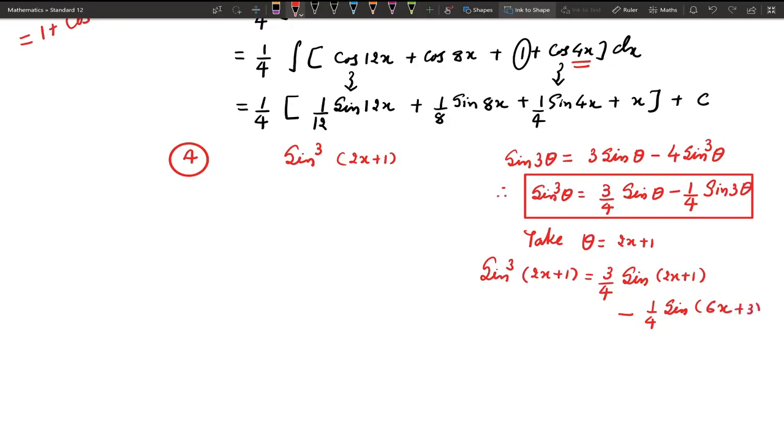So we will replace this value for sine cube and we will integrate this thing.